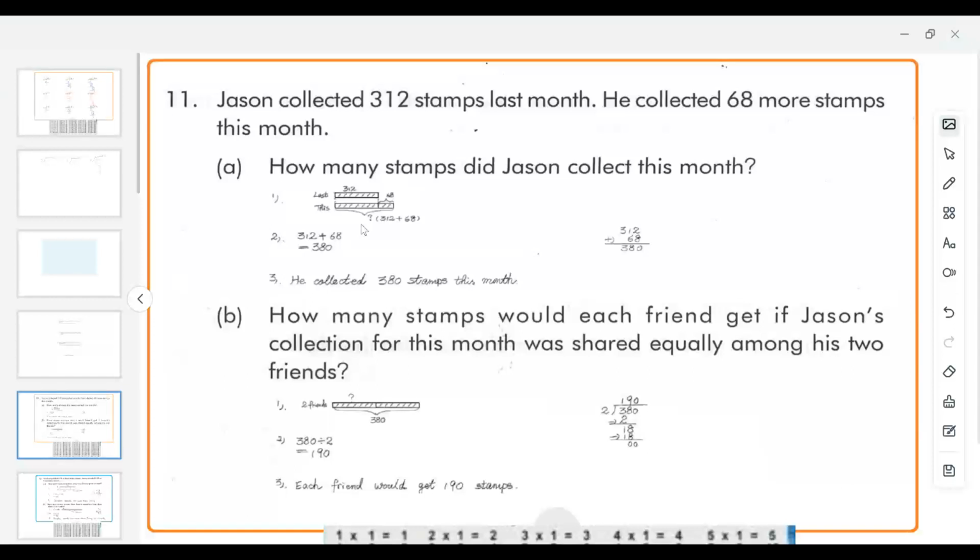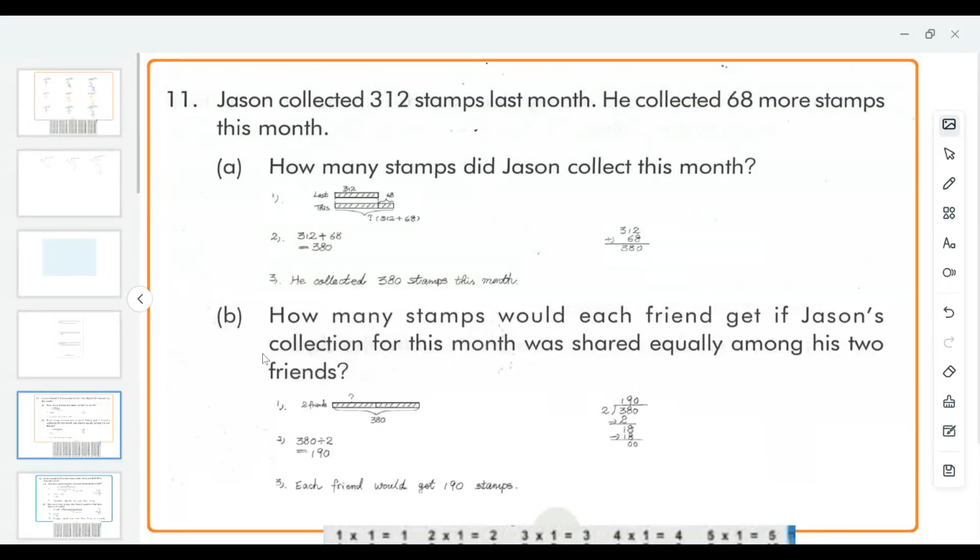So from the diagram we can see, 312 plus 68 is this much this month. So now second step, we just write down here and we work it out here in the spare parts. We get the answer is 380. Then now third step, we write our word answer. The answer is he collected 380 stamps this month.